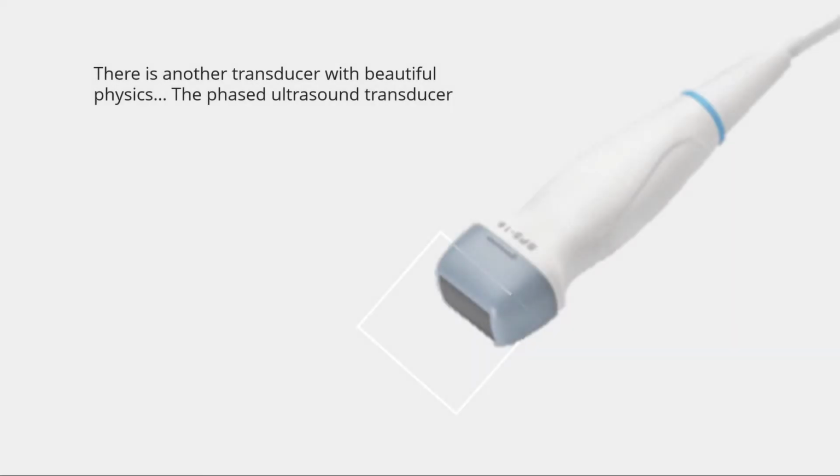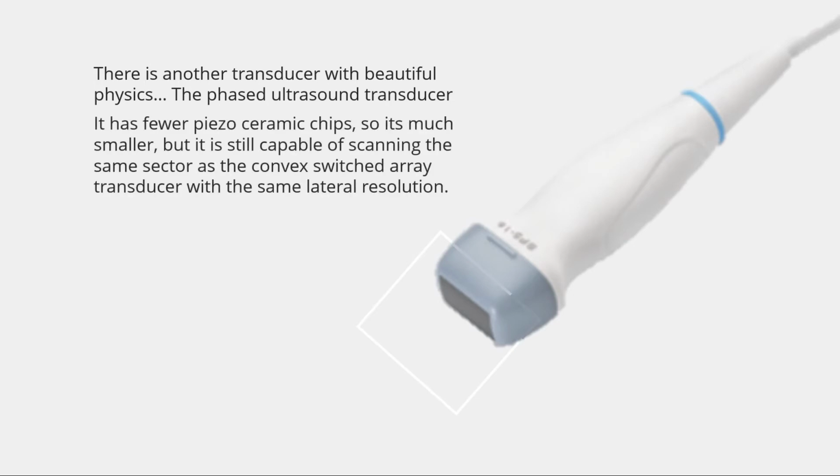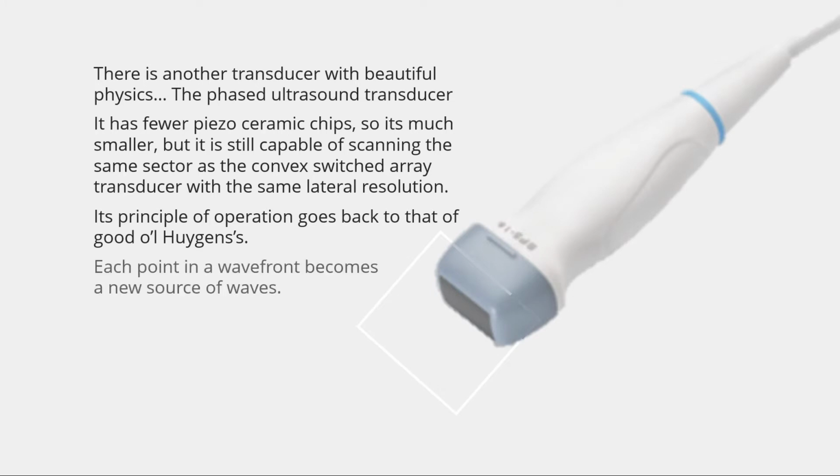There's another transducer with beautiful physics, the phased ultrasound transducer. It has fewer piezoelectric ceramic chips, a lot fewer. So it's much smaller, but it is still capable of scanning the same sector as the convex switch array transducer with the same lateral resolution. Its principle of operation goes back to good old Huygens.